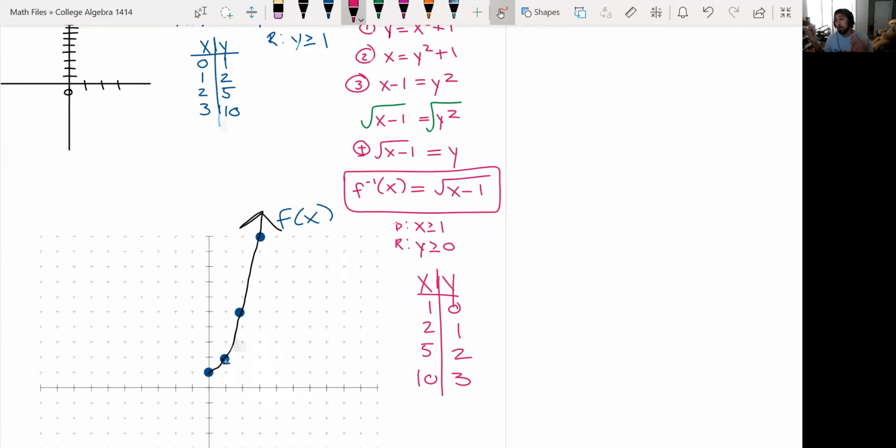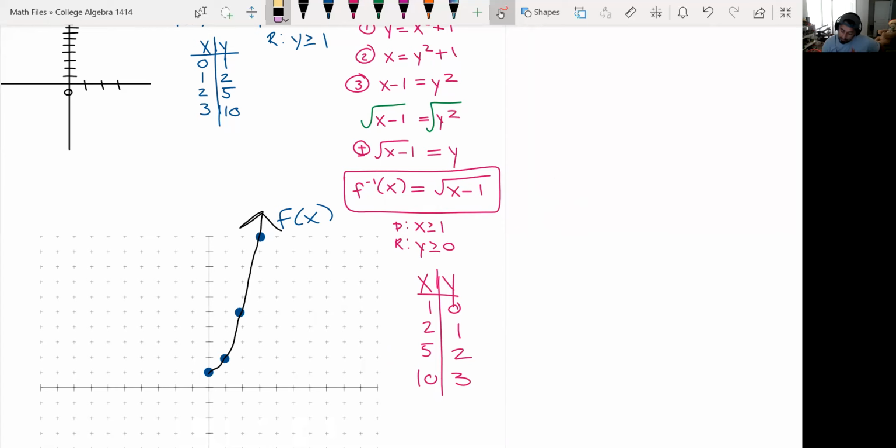And also, another way to check to see if you're doing it right, take these x values and plug them into your inverse. And if you get the output of these y values, then we're doing it right. If I plug in 10, you'd get the square root of 10 minus 1, which would give me the square root of 9, which gives me 3, which is right there, 10, 3. So this means we are definitely doing it right.